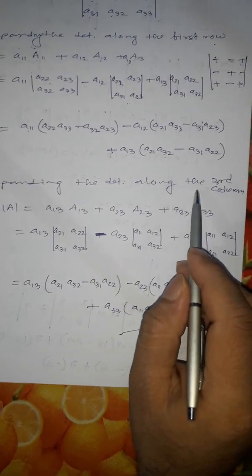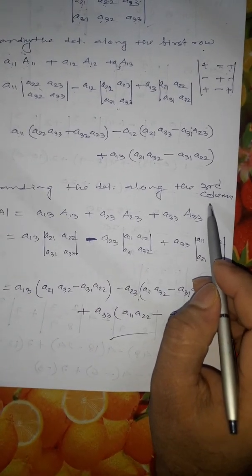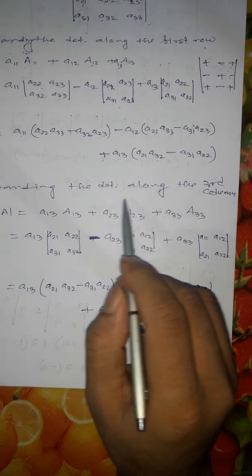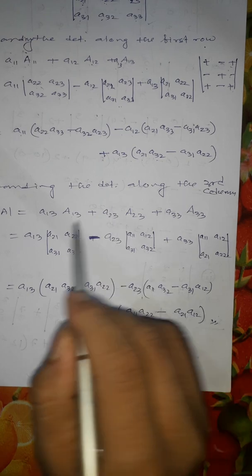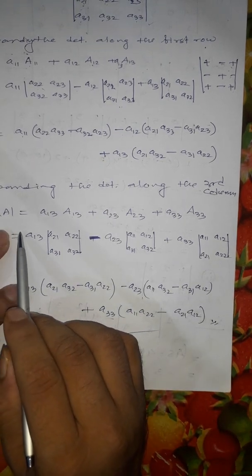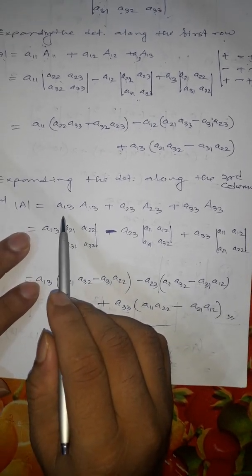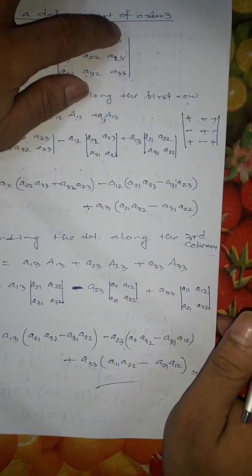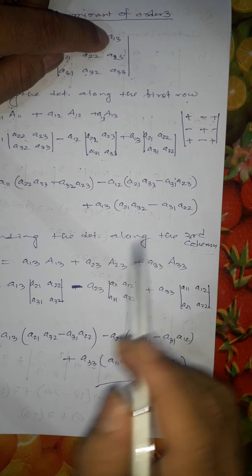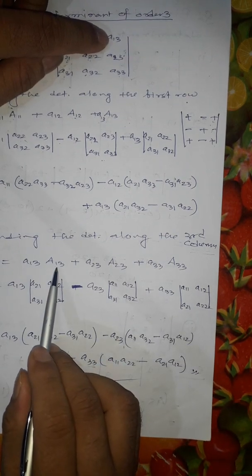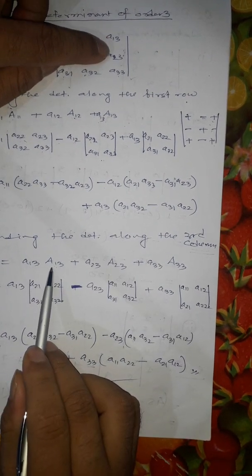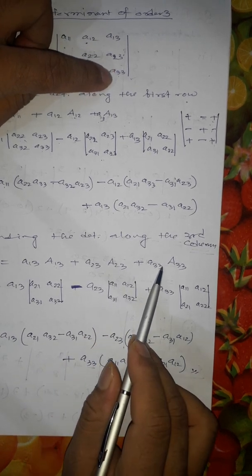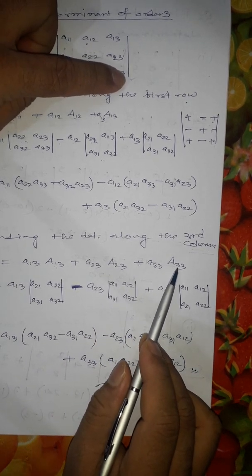Expanding the determinant along the third column. You can expand along any row or any column. So if you do along the third column, then it will be like this. The value of the determinant along the third column will be A13 into capital A13 plus A23 into capital A23 plus A33 into capital A33.